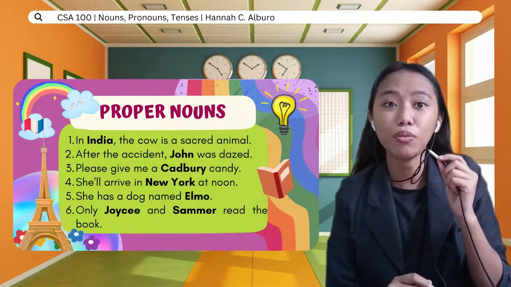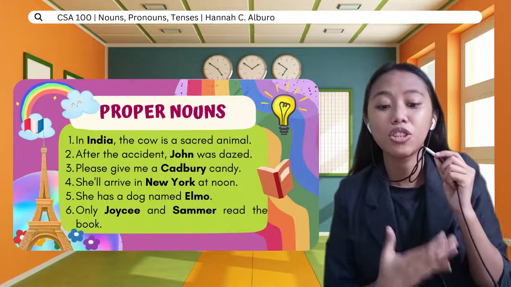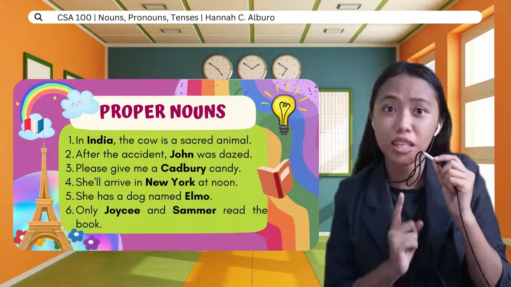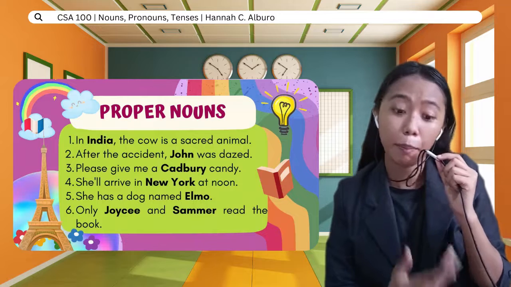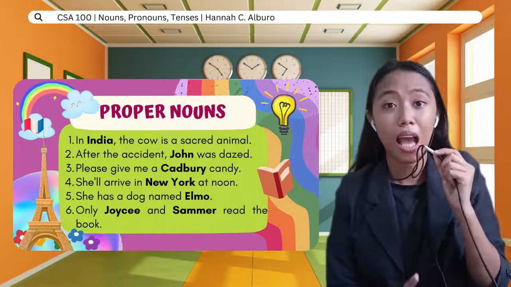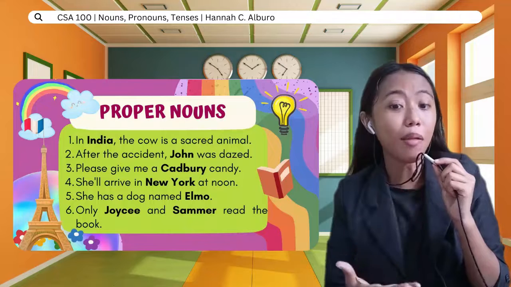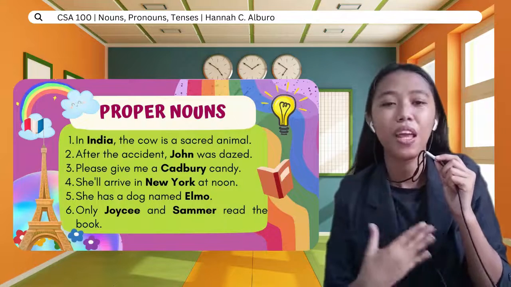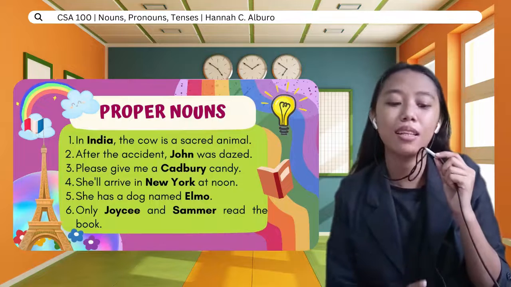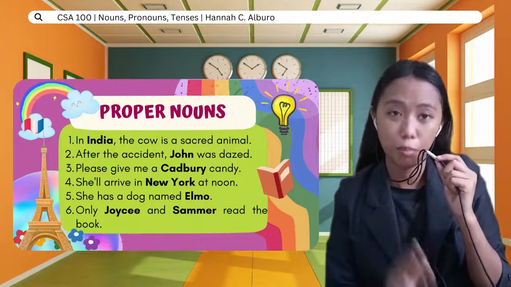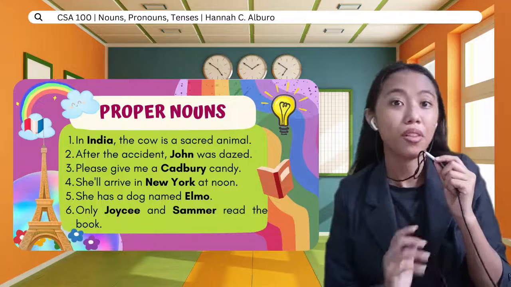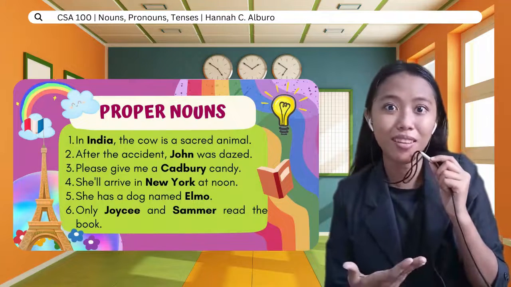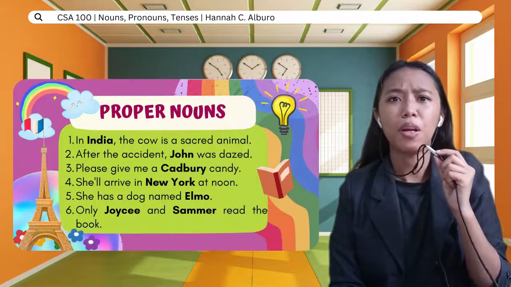Okay, moving on to the fourth sentence, she'll arrive in New York at noon. So New York is a specific name of a place. Next, she has a dog named Elmo. So Elmo is a specific name of a dog. Next we have, only Joycey and Summer read the book. So Joycey and Summer, they are specific names of persons, right? So that is all for the proper nouns.